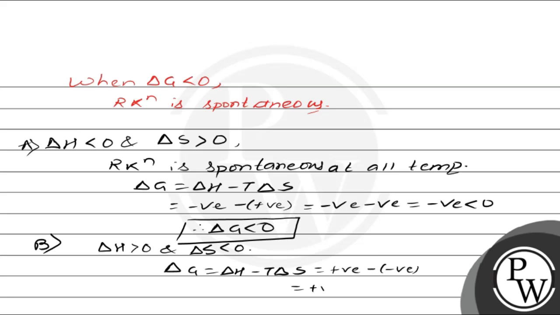This means positive plus positive, which is equal to positive. This means delta G is greater than 0. So the reaction is non-spontaneous regardless of temperature.